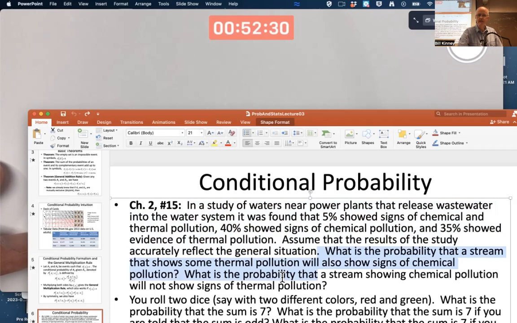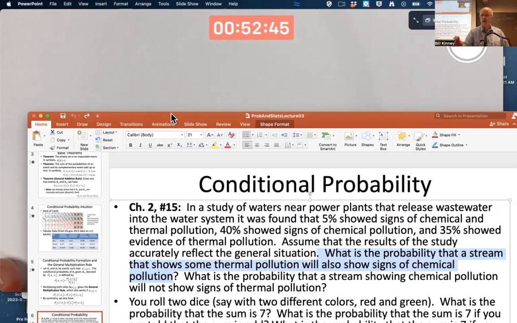What is the probability that the stream that shows some thermal pollution will also show signs of chemical pollution? And there's a similar kind of question next. Let's focus on this one as well. Okay, so this does also involve a new concept here. What do we have?